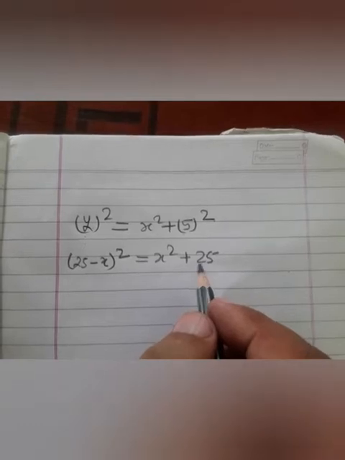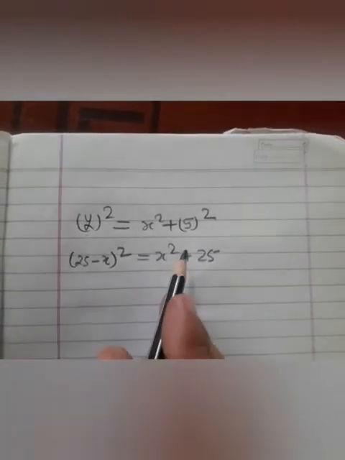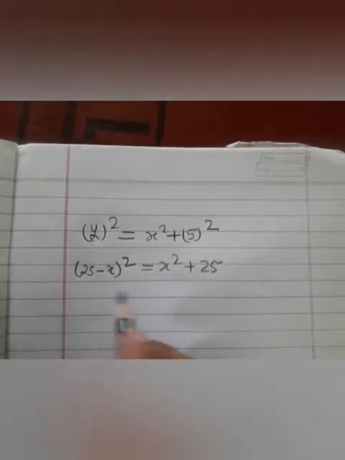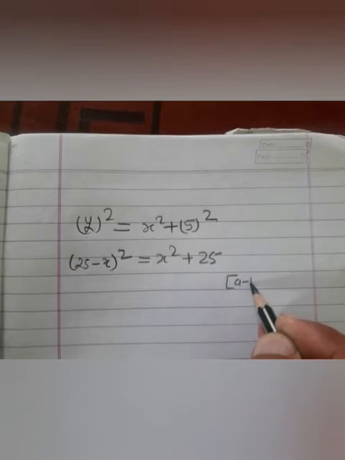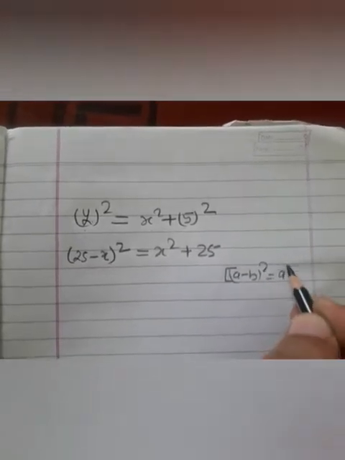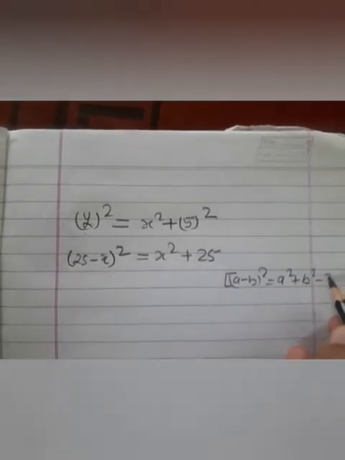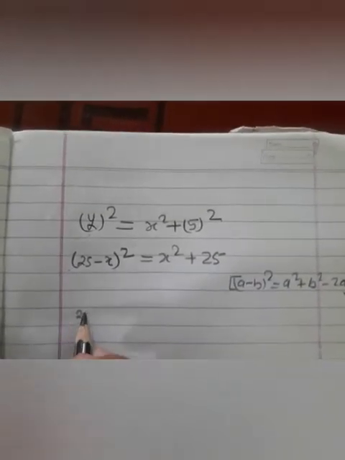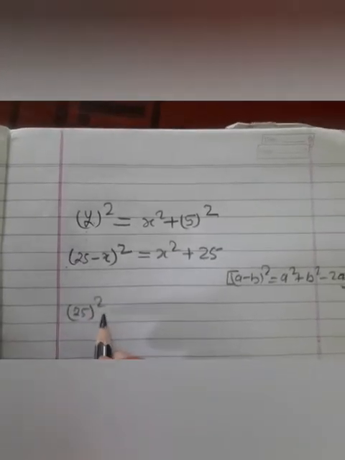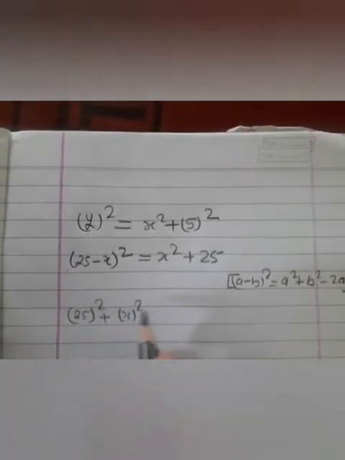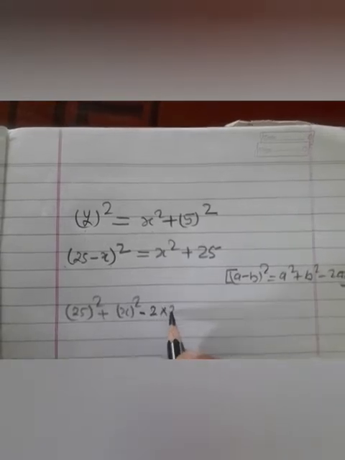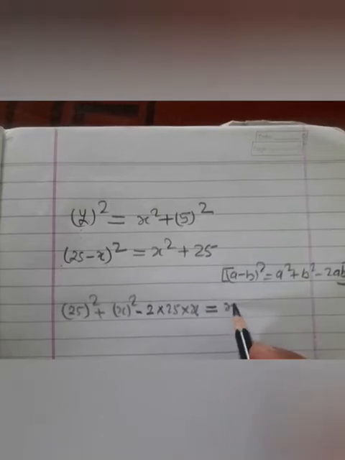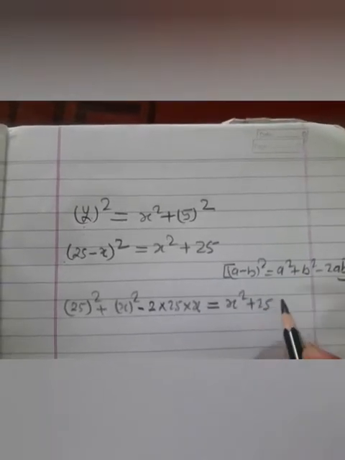Now this one is A minus B whole square. Use the identity A minus B whole square is A square plus B square minus 2AB. So we get 25 whole square plus X whole square minus 2 into 25 into X is equal to X square plus 25.